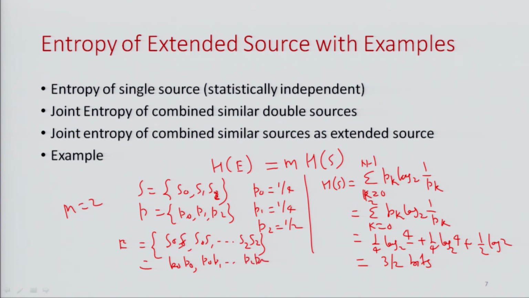If we calculate the entropy of this extended source He using this formula, it will be equivalent to 2 into 3 by 2, which equals 3 bits. So the second order source, taking this as the basic source with 2 sources at a time, has an entropy of 3 bits. This is the entropy of the extended source.